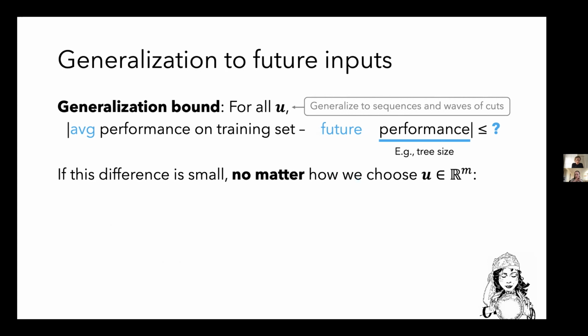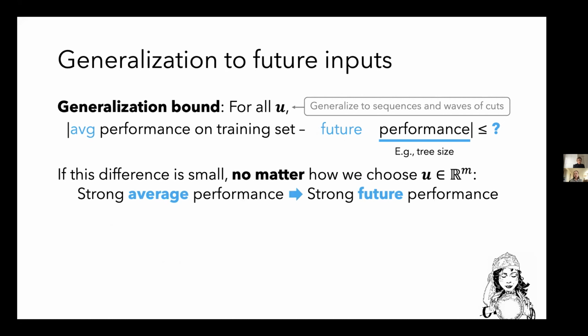And I want to make this point again, which is that so long as this difference is small for any choice of these parameters u, you can be guaranteed that no matter how you choose u, using your favorite optimization technique, strong average empirical performance over the training set will be indicative of strong future performance.